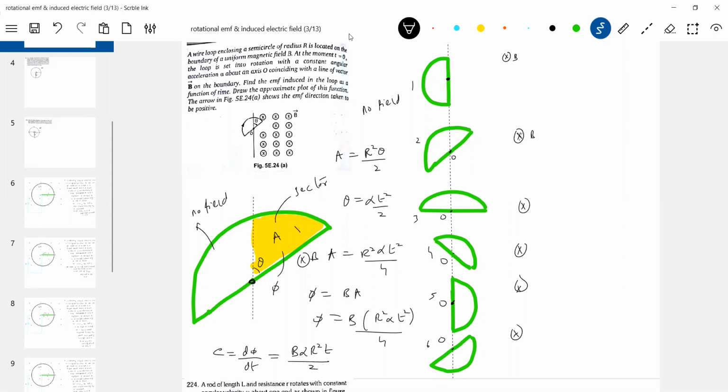Again from 5, 6, as you continue the sequence. As I continue the sequence, I'll draw the sequence here.